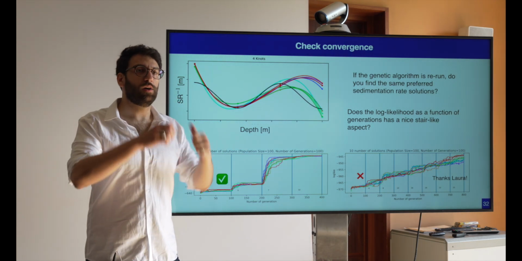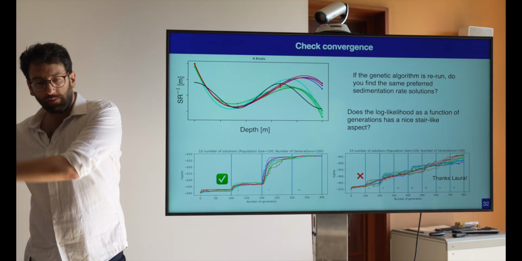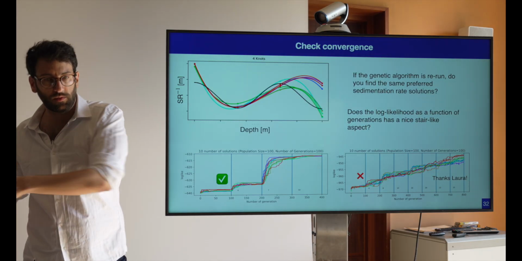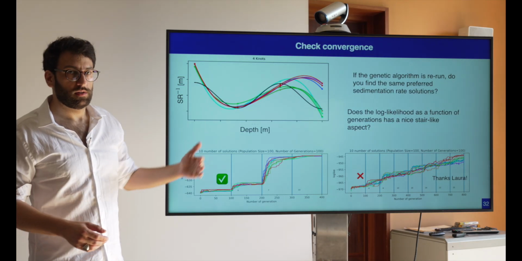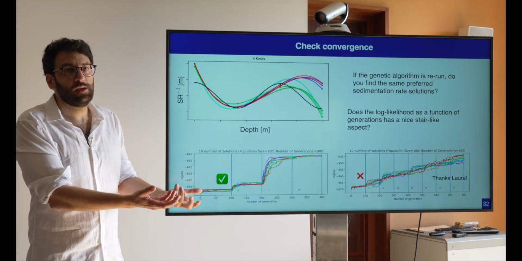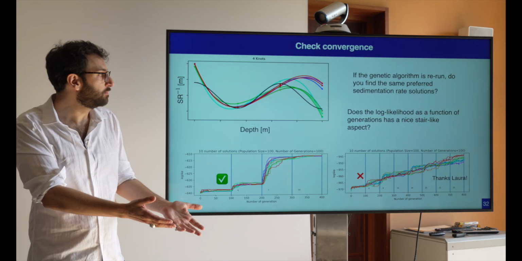So you do your algorithm once, you find this. You increase all the parameters of the convergence, you run the algorithm another time, and you still find those solutions. The thing you want to compute stays the same. That's kind of the definition of convergence.